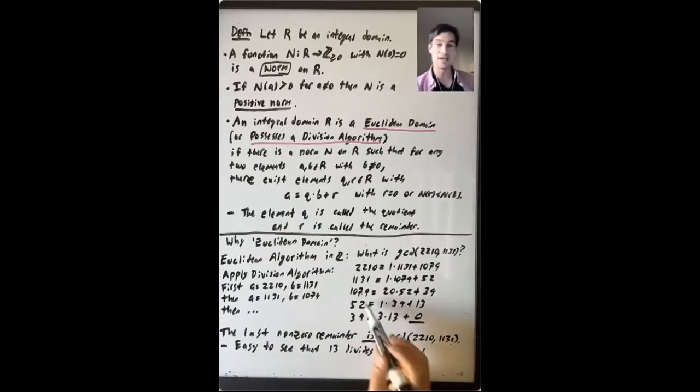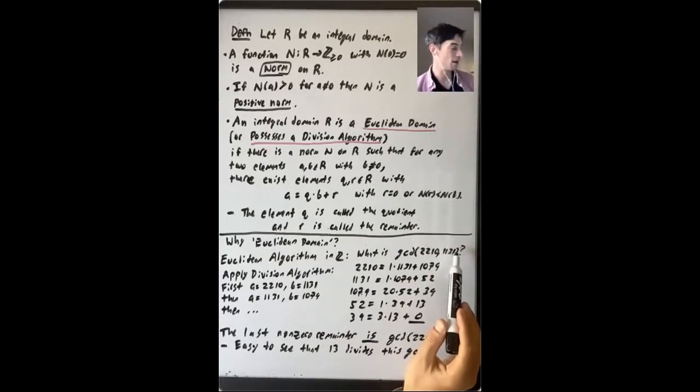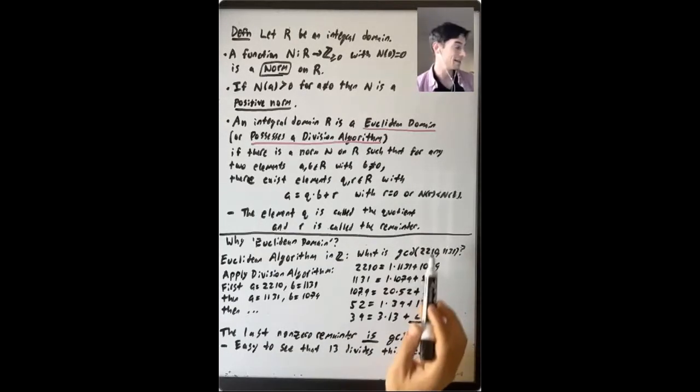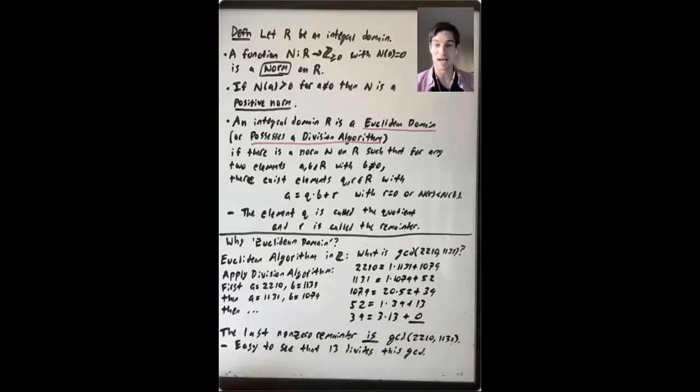There can't be another divisor of both 2210 and 1131 that is larger than 13, that is, no number of the form 13 times d, where d is greater than or equal to 2, divides both of these things.